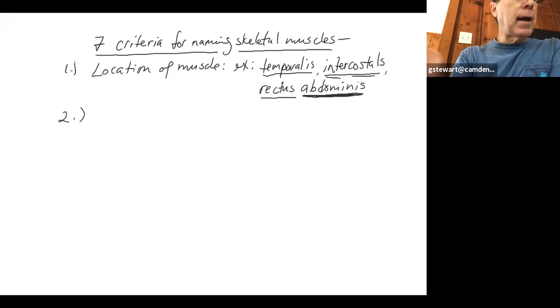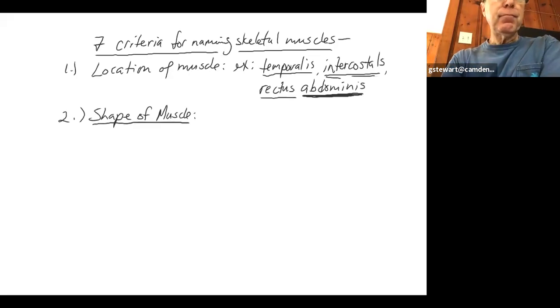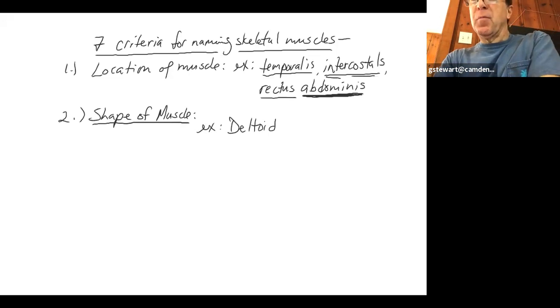The second one on the list is the shape of the muscle. Some muscles, not all, have their shape in the name. Classic examples are deltoid. That is the muscle that runs right over the top of your shoulder. This is a bit confusing.